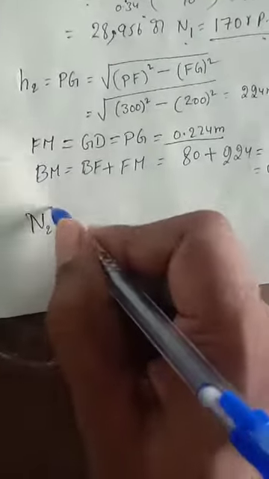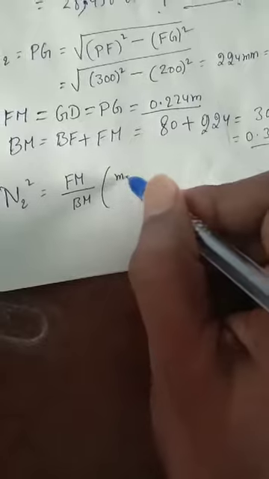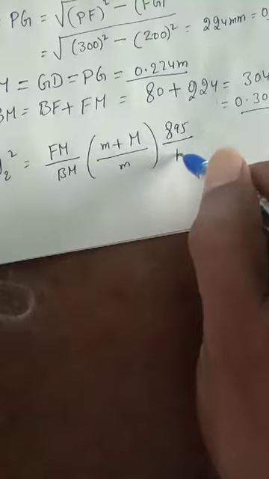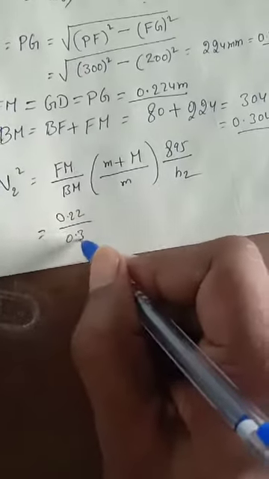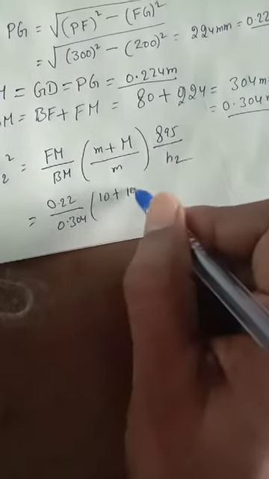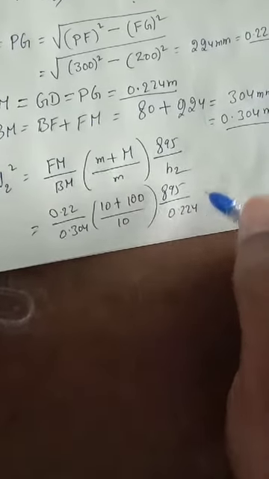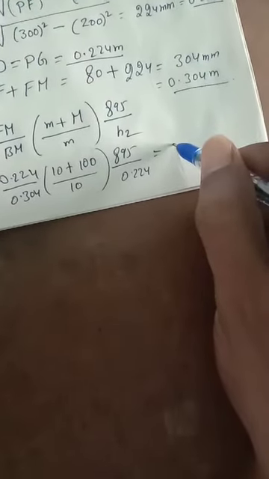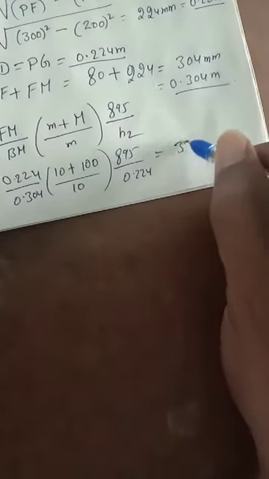Okay, now we know that N2 square is equal to FM divided by BM into (m plus capital M) divided by small m into 895 divided by h2. So substitute all the values in here. Let's see what happens. Like this. Okay, so then we will get the final answer, 32,385 approximately.